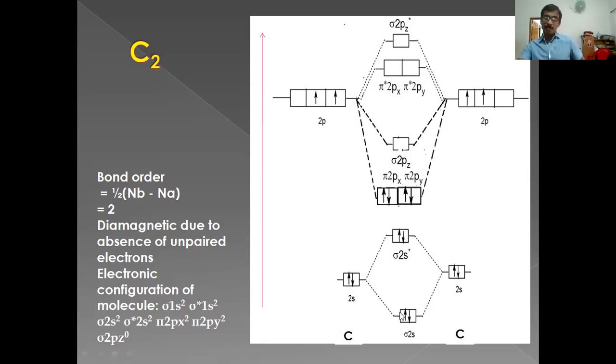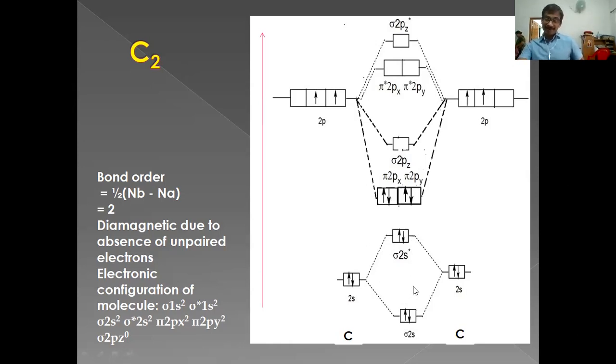The first 2 electrons will enter here, sigma 2s. The next 2 electrons will enter in sigma star 2s. So 4, plus 2 will enter here pi 2px, pi 2py, plus 2 again enter pi 2px, pi 2py. All the 8 electrons are present here now.